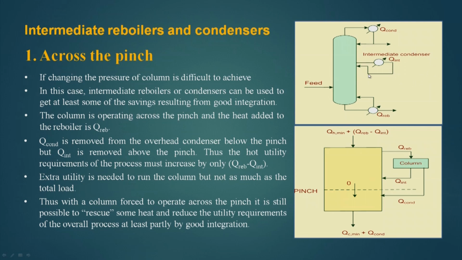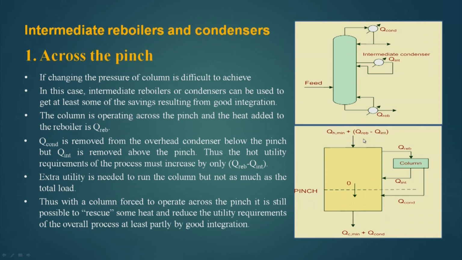So, it rejects the heat above pinch area and rest of the heat is put into below pinch area. So, if I see the hot utility demand here, this is Q H minimum plus Q reboiler minus Q intermediate condenser.